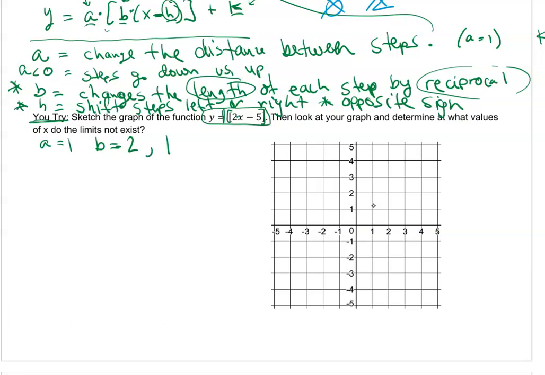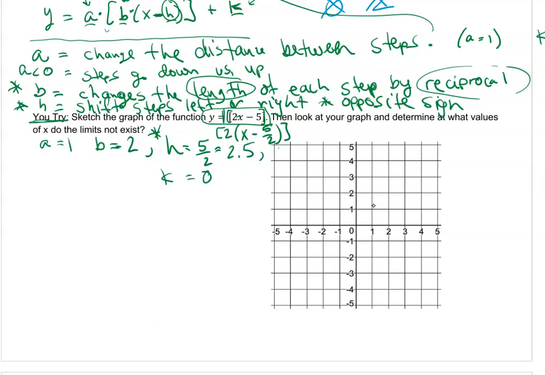And then this is where we have to be careful. The h value is actually what you would have being added or subtracted from x after you factor out the b value. You may or may not remember that from pre-calculus. But actually, this is 2 times the quantity x minus 5/2, 5 over 2. So your h value is actually 5/2, or 2.5. And then since nothing was being added outside, the k value is 0.